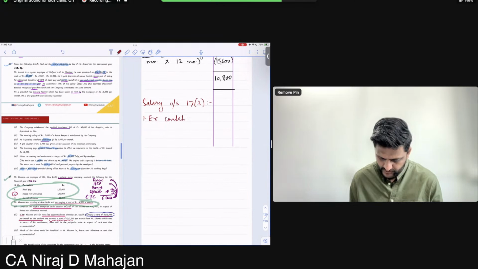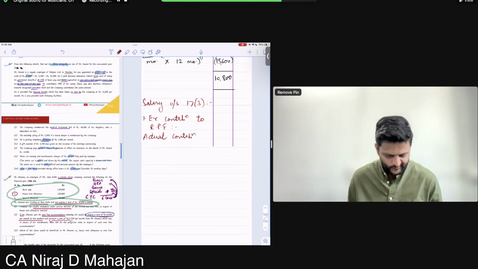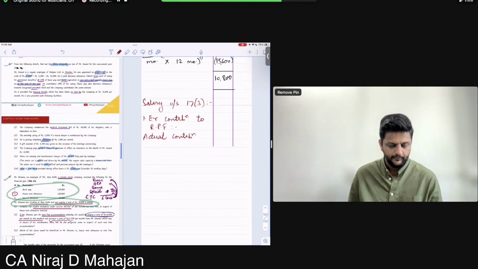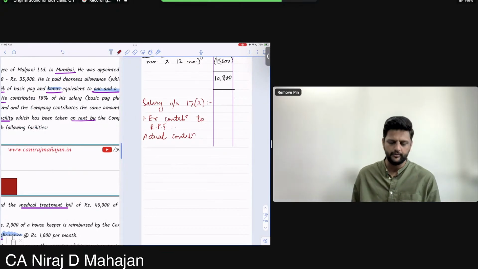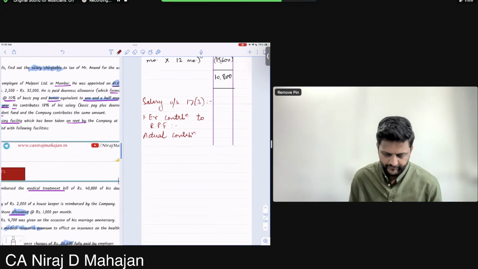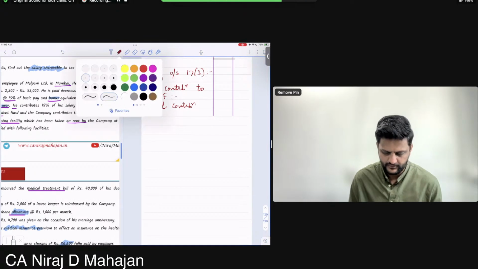That is his income, no? First we'll write the actual contribution, because here it is written that the company provides the same amount. So we are talking about employer's contribution, okay?